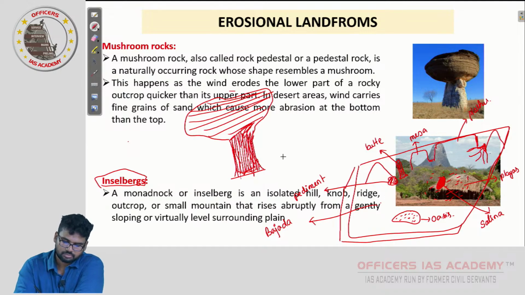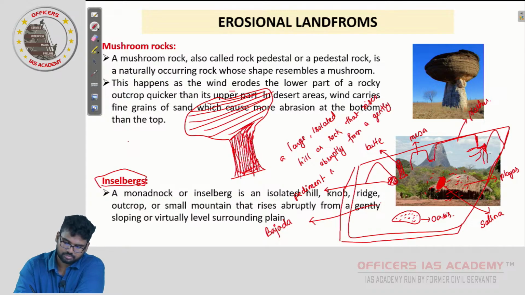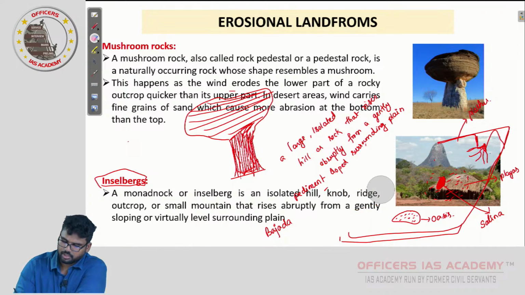It is a large isolated hill or rock that rises abruptly from a gently sloped surrounding plain, gently sloped surrounding plain area.